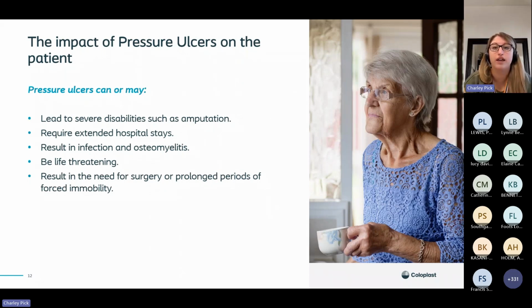So there is a lot to think about. Not only may a patient develop a pressure ulcer, but there are ongoing problems that may occur from that also. And we need to think about that patient holistically and not just that wound in isolation.